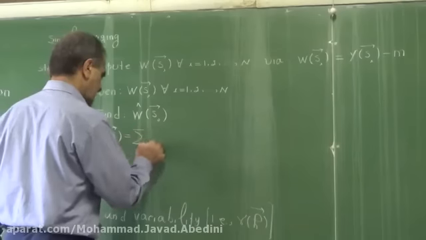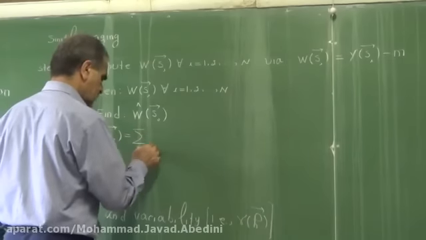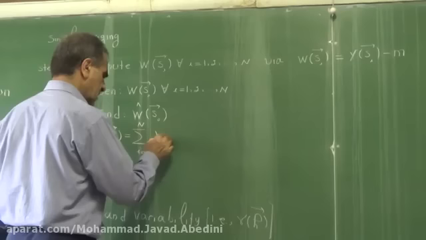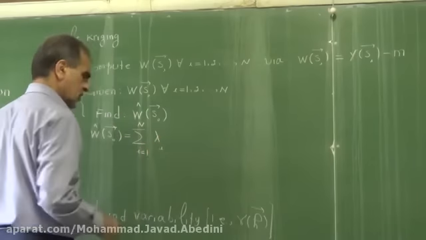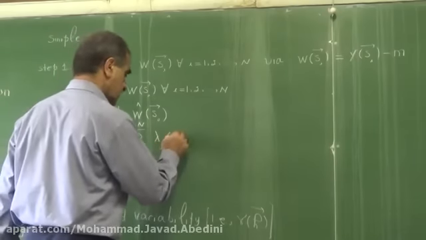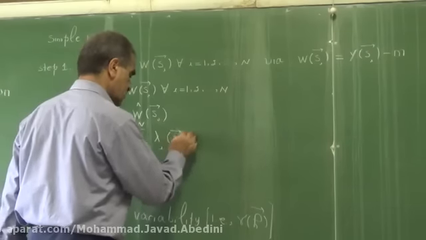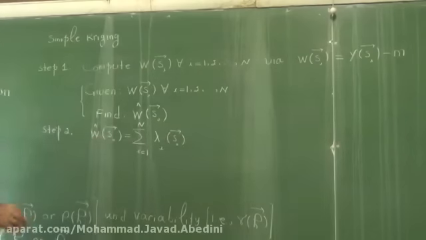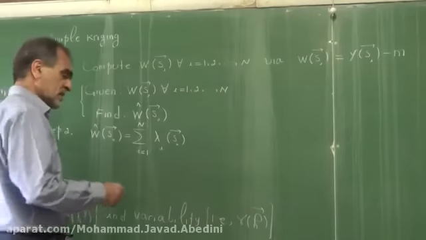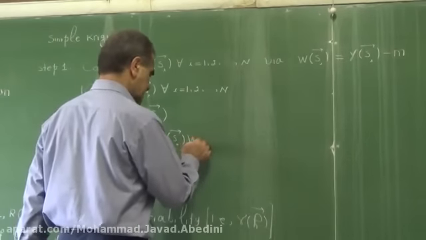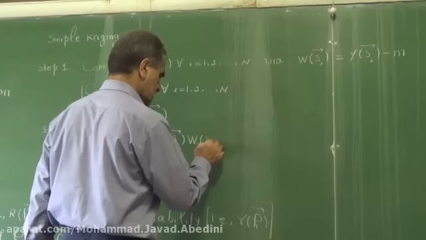It can be written as the sum over i from 1 to n of lambda_i, which is a function of S0. If you change the point under consideration, then this coefficient will change, times W as a function of S_i.